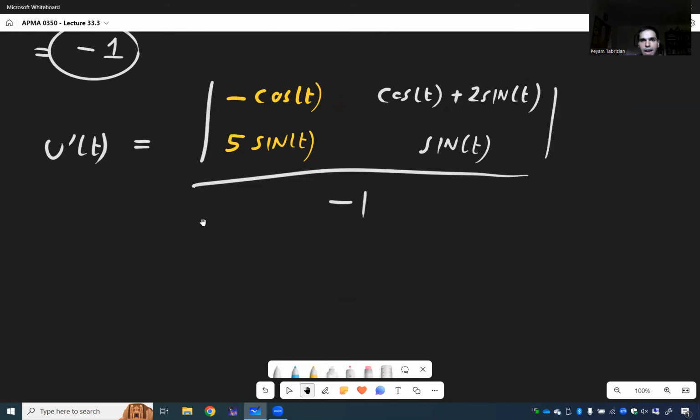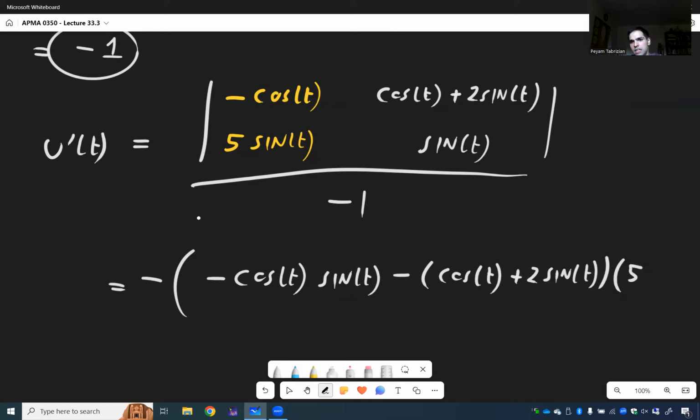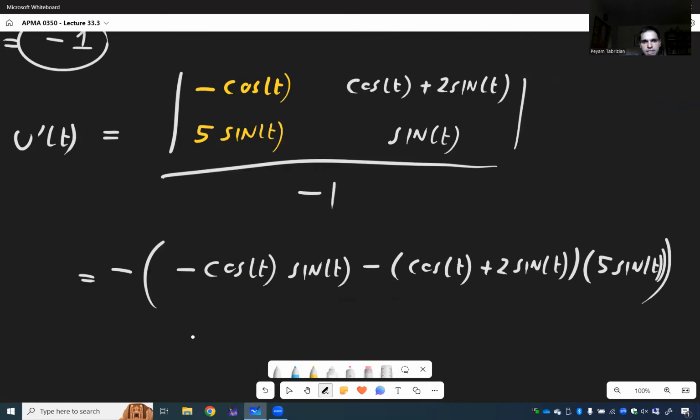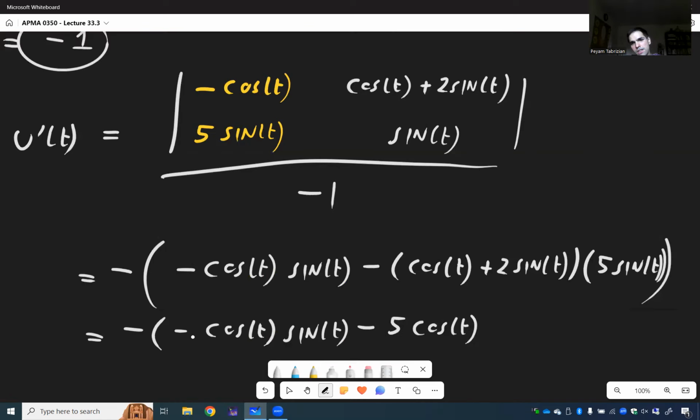Right? So this becomes minus the determinant, so minus cosine t sine t, minus cosine t plus 2 sine t times 5 sine t, and again expand this out, so this becomes, I think, minus cosine t sine t minus 5 cosine t sine t, and then minus 10 sine squared t.